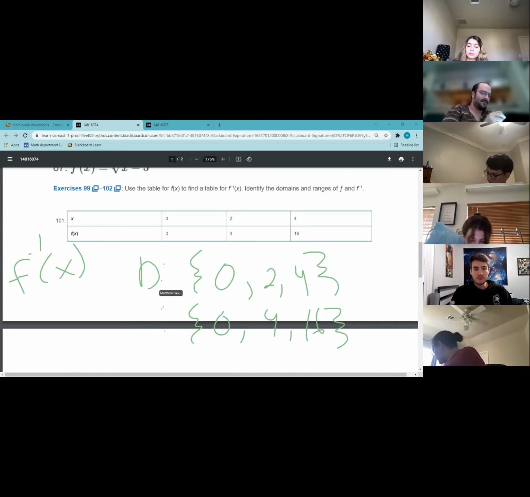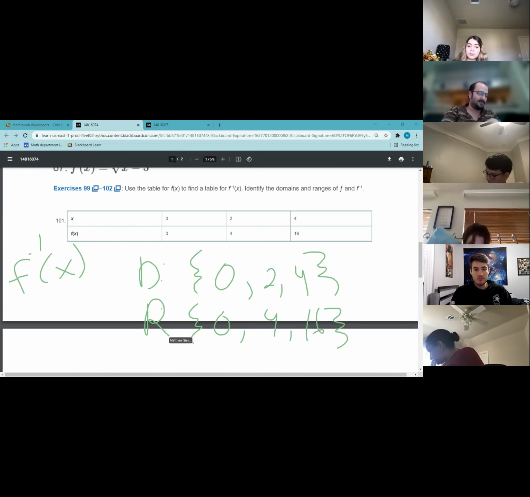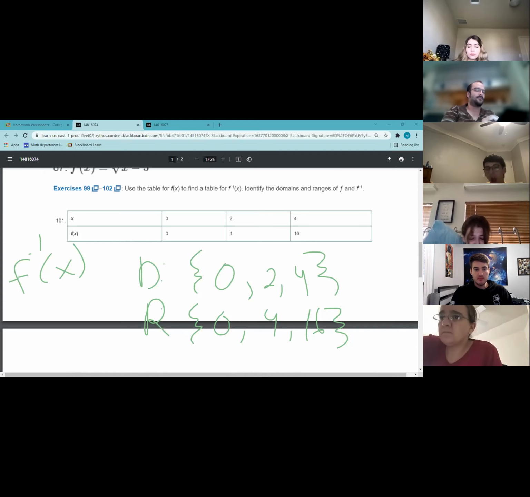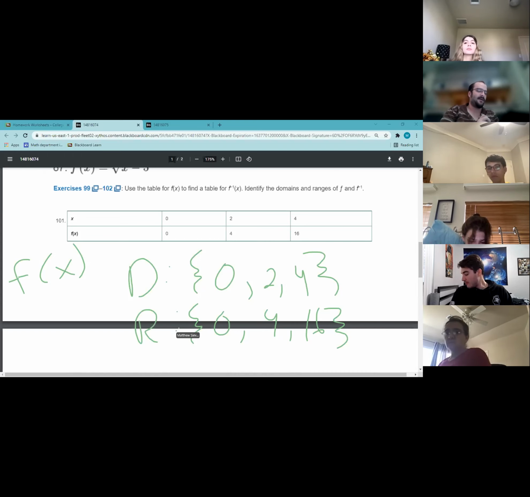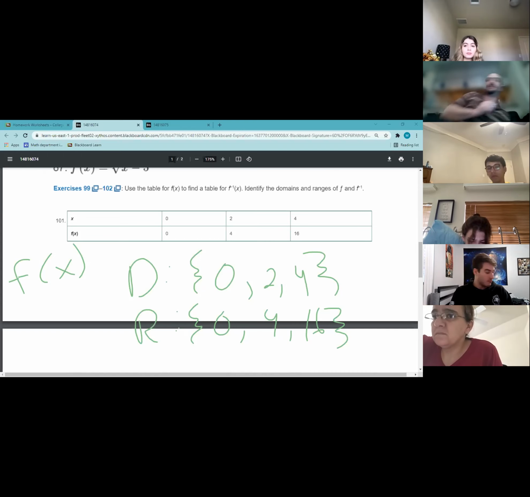So if this is the domain and range of my original function, how do I find the domain of my inverse? If I let my x's be y's and my y's be x's, what does that do to my domain and range?